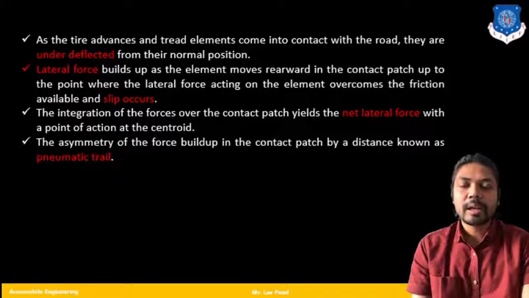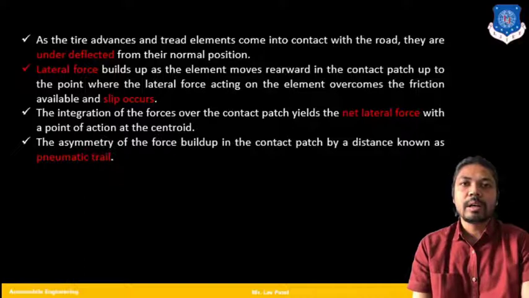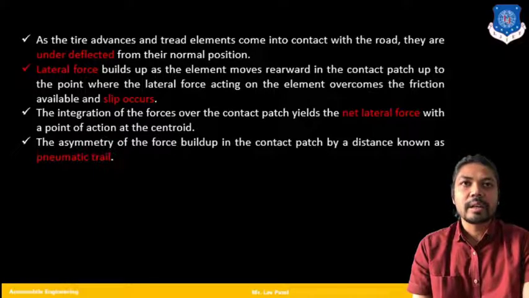Here you can see the forces and their directions, and also Mz, the moment. This is our contact patch. Due to the integration of the forces, there is a net lateral force with a point of action at the centroid, which means you will find the total or net lateral force at the center point of the tire.